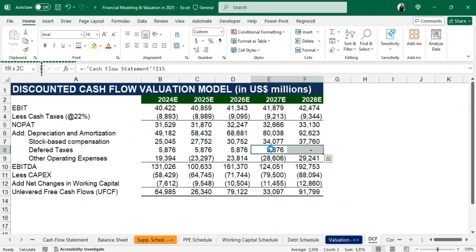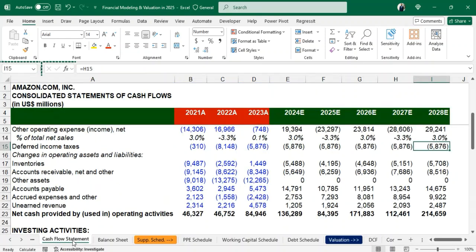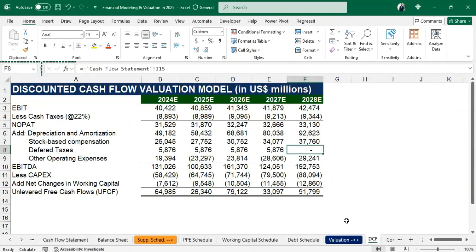So this is referencing J15. So let's come to the cash flow statements. All right. So I think I know where the problem is coming from. So let's come back and redo that.